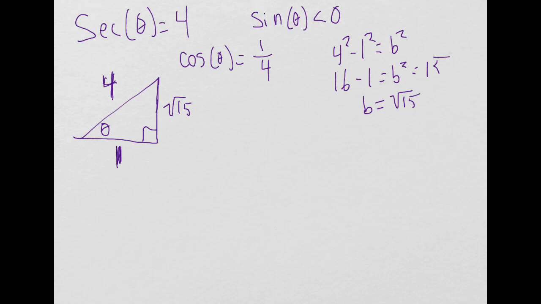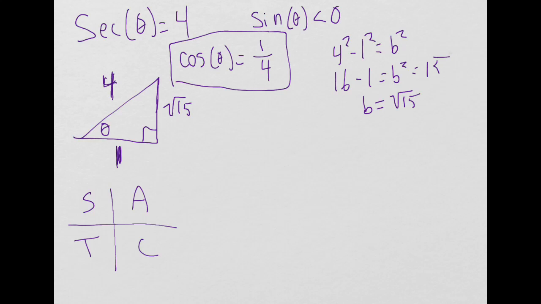Okie dokie. Let's start cracking through them now. We already have secant theta and cosine theta completed. So let's figure out where on the unit circle we are again, which quadrant. And again, remember, all students take calculus, or that other way to remember it. And let's start figuring out where we are. Well, we know that cosine is positive.